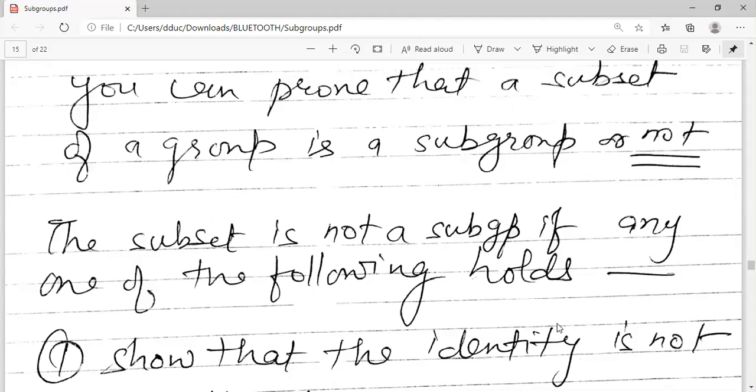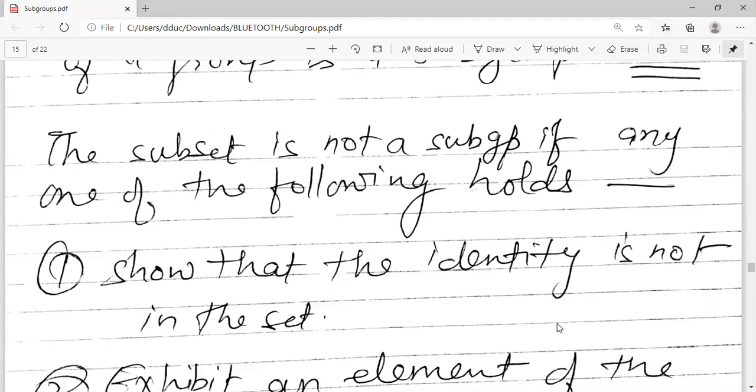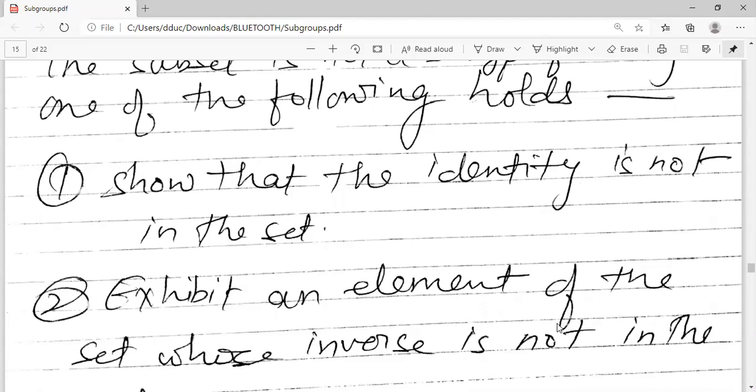Now, if you want to prove that a particular subset is not a subgroup, then what are you going to show? The subset is not a subgroup if any of the following conditions holds. Number 1, if you show that the identity element is not there in the set. If the identity element is not there, then it cannot be a subgroup. So if you are able to show this, then the subset is not a subgroup.